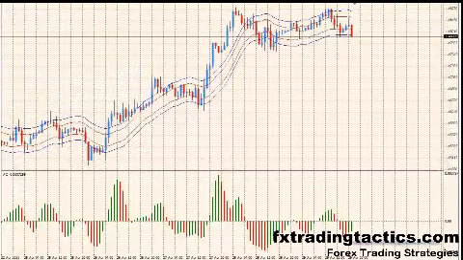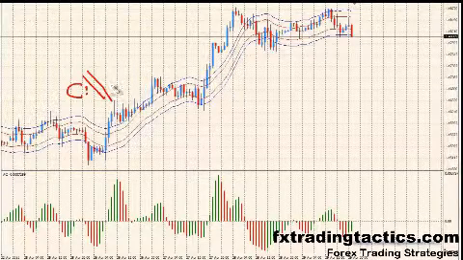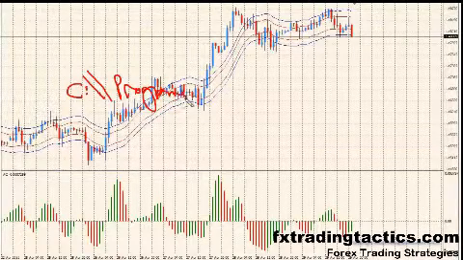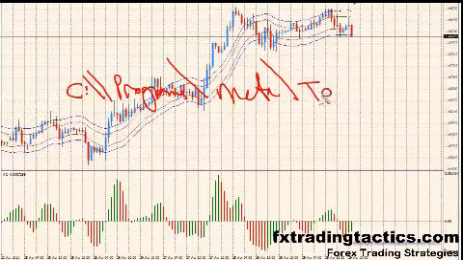Once you've applied the template, and if you don't know how to apply it to your chart, all you would need to do is go to the programs folder on your PC where you installed the platform, then go to the MetaTrader folder, and inside there you'll see the templates folder.